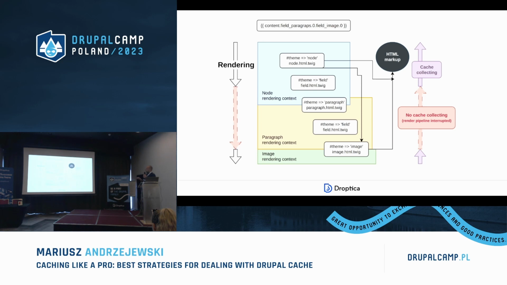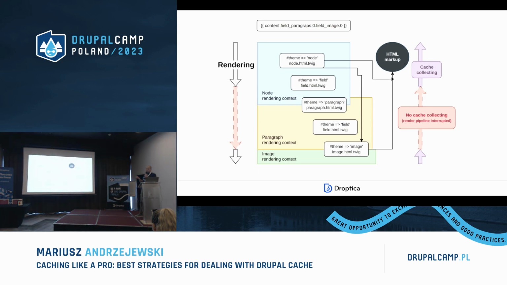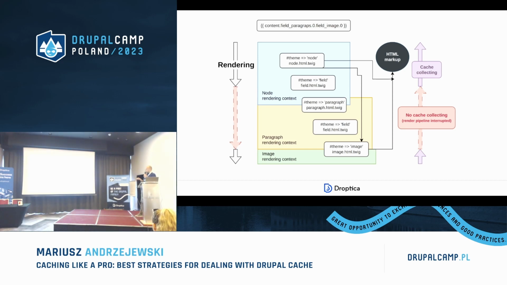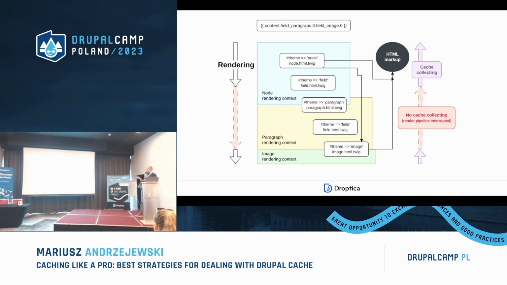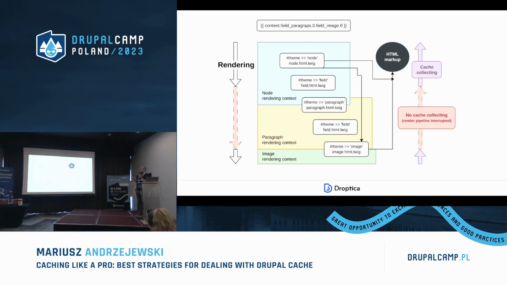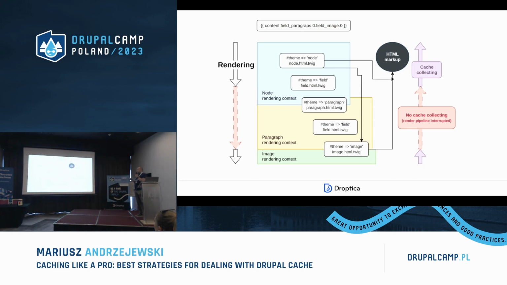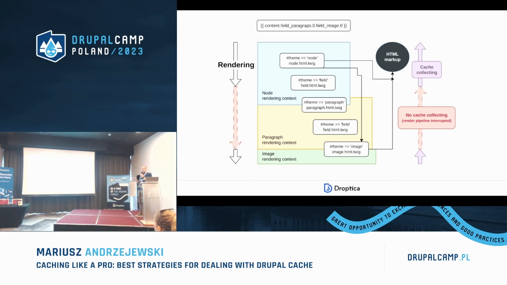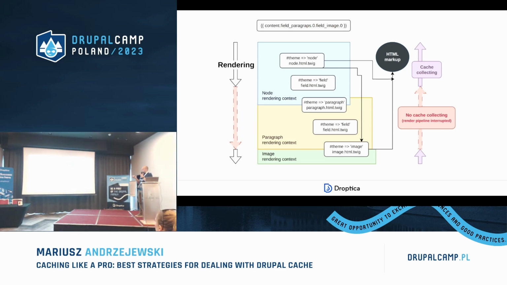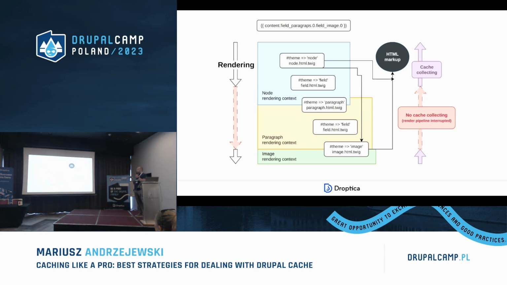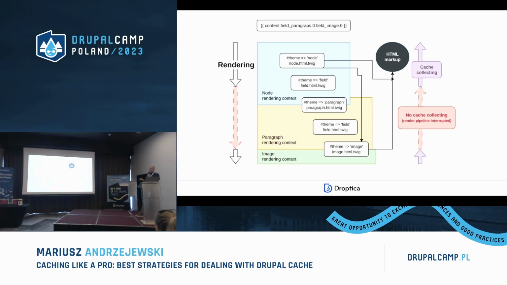So when the rendering is broken, because it goes from the node context directly to the image context and skips all of that part, it won't collect all the metadata. So now only something changed directly on the image will maybe be detected, and the node itself will be invalidated. But in case we change something in the paragraph, it won't.